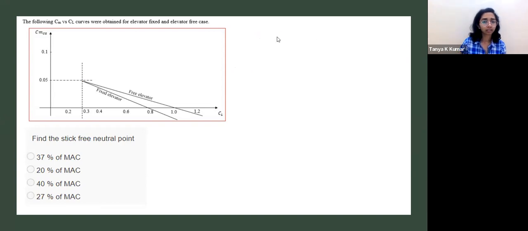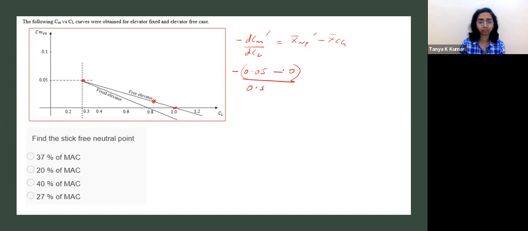For the stick free case, minus dCm by dCl free is x bar NP free minus x bar CG. So now we take this line. The slope will be 0.05. Again, this point and this point minus 0. And what are the lifts at those points? This is the same 0.3. This is 1.